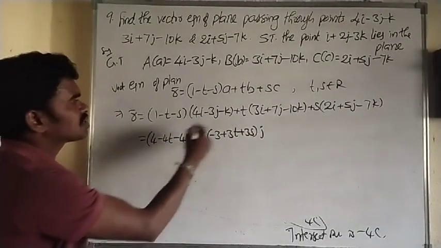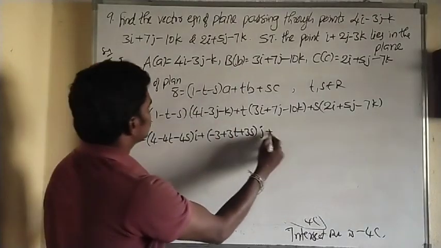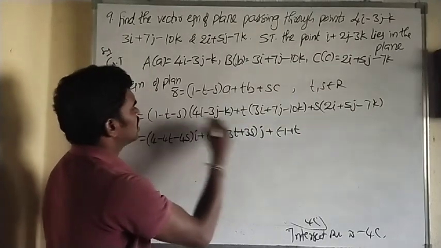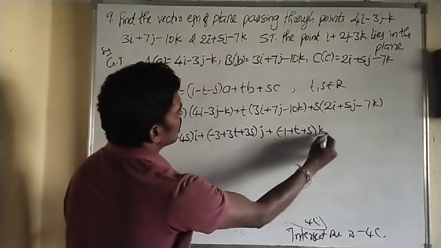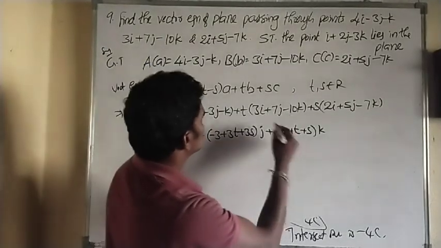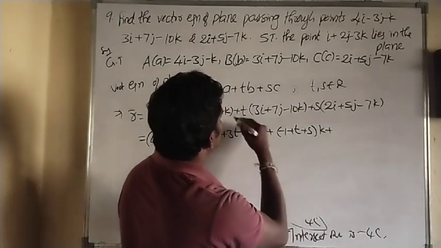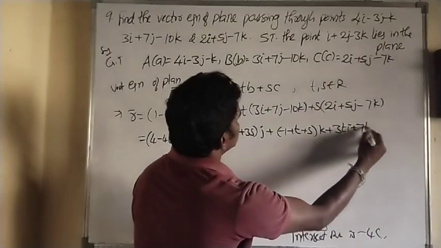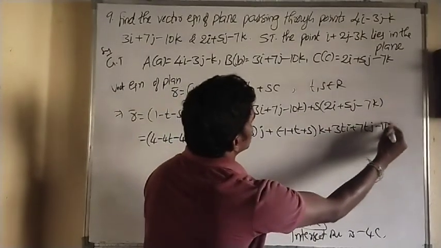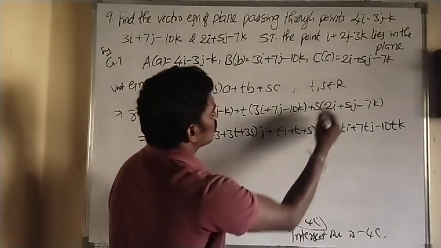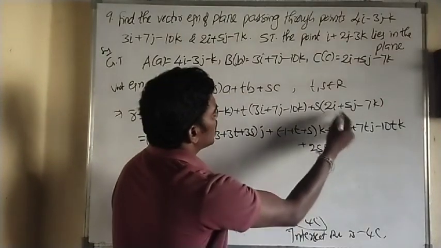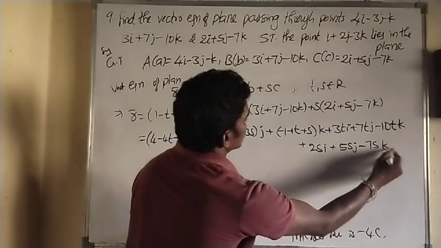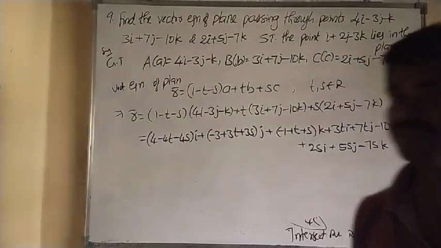Similarly the k coefficient: minus 1 into 1 is minus 1, plus t, plus s, into k. Next, plus t into 3i is 3ti, 7tj, minus 10tk. Here also 2si, 5sj, minus 7sk.